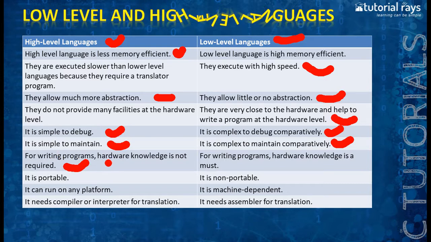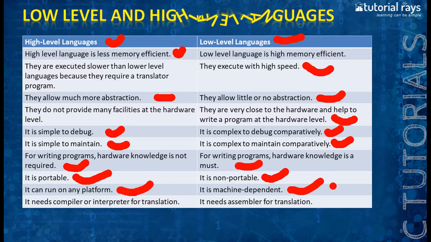If you want to write programs in, for example, C, C++, Java, you don't need to know how hardware functions. But in the case of writing low level programs, you need to know the hardware also. High level language is portable, while low level language is not portable. High level language can run on any platform, it is machine independent.